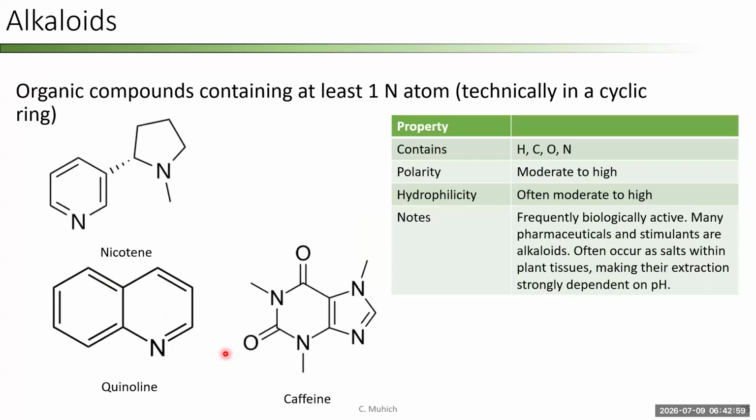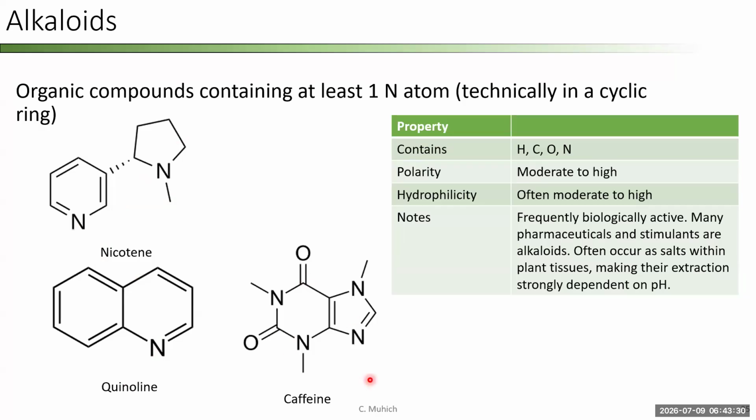Our last category is alkaloids. These are organic compounds that are going to contain at least one nitrogen atom, where that nitrogen atom is sitting within a cyclic ring. Here we have three examples: a nitrogen sitting in the ring in nicotine, quinoline, and caffeine.